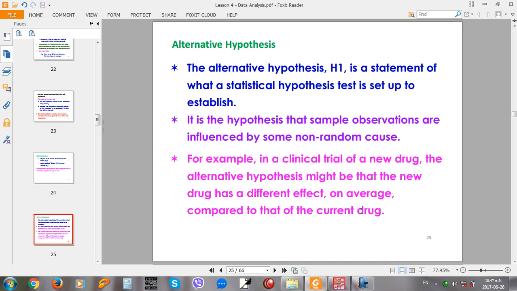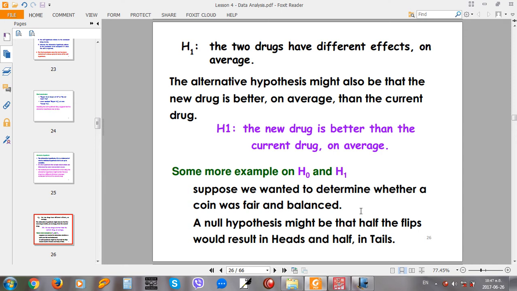So then what is the alternative hypothesis? As explained earlier, the null is that there is no significant difference, right? So the alternative is that the two drugs have different effects on average, right? The alternative hypothesis might also be that the new drug is better on average than the current drug. So we can write the alternative hypothesis that the new drug is better than the current drug on average, or we can write it as the opposite of the null hypothesis, which is easier.